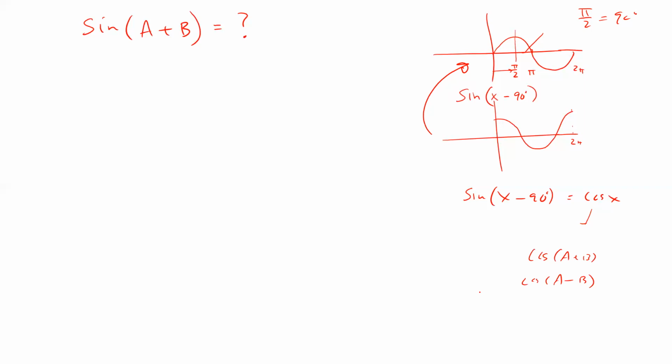Okay, see if this will work. Guys, talk to me here. This is cosine of x, and if we started right here for cosine, it'd be cosine of x plus 90 degrees, because remember with the horizontal stuff, we always go backwards. We always go the opposite of what it goes.